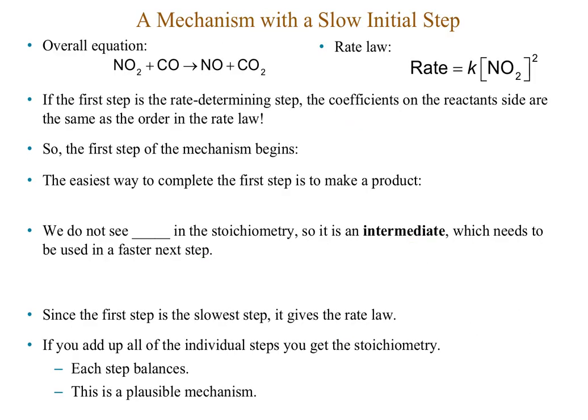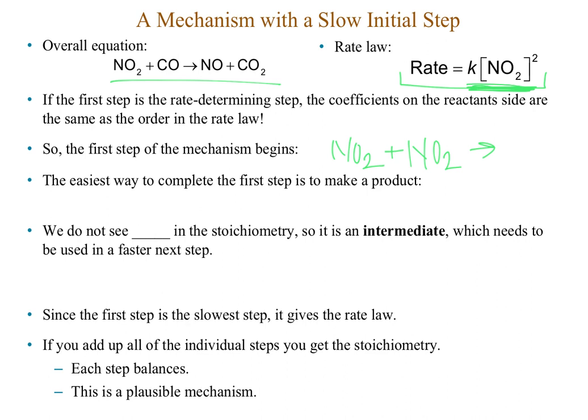So let's practice. We have this reaction here, and from an experiment, they determined that this was the rate law. It's second order with respect to nitrogen dioxide. As we said earlier, the slow step is what should predict the rate law. So if the first step is the slow step, then the mechanism should look something like 2 nitrogen dioxides reacting, if that step happens to be slow, because that would give us a rate law of nitrogen dioxide squared.